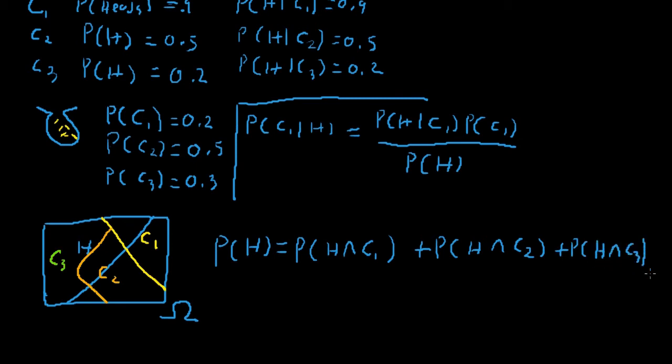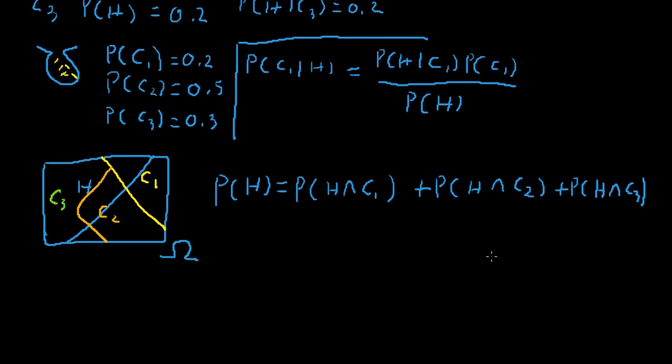And we can do this using our addition axiom about probability, because all of these events are disjoint. I have to have been in here, here, or here. So I can sum up the probabilities. Well, I don't know the intersections directly. What's the next thing I can do?